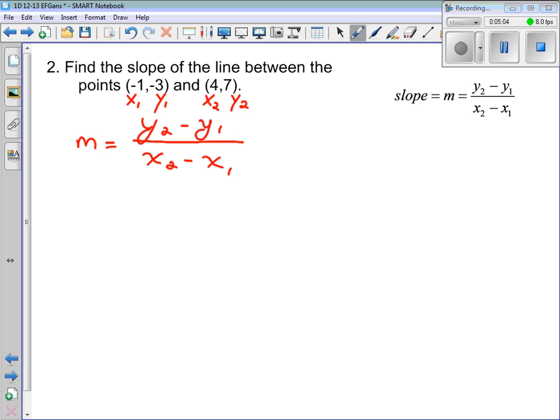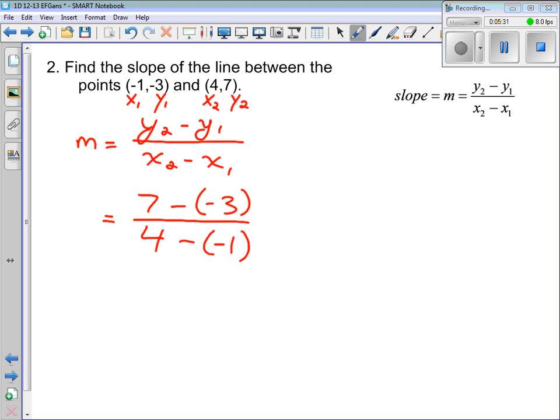And now let's just sub those numbers into this equation. y2 is 7, x2 is 4, so I've got 7 and 4, minus my x1 is -1, so I'll put that down in the denominator. My y1 is -3, and now I just need to do this subtraction.